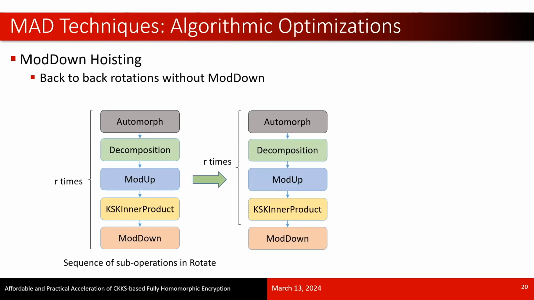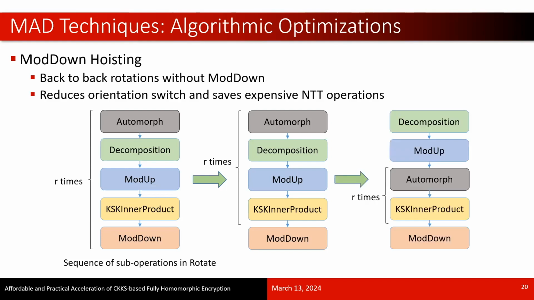This is mathematically possible. It does not change the noise addition which happens during key switch, and gives mathematically correct results as well. And then there also exists a popularly used optimization that moves mod up and decomposition out of the loops as well.